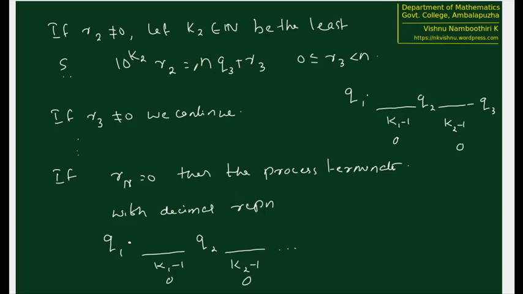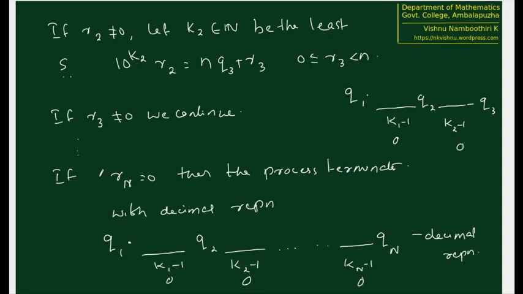Corresponding to r2 we have q3, so corresponding to rn, which is 0, we don't require that further coefficient, so up to qn we have to go. And finally we have qn here. How many zeros are here? kn minus 1 zeros. This is the decimal representation.